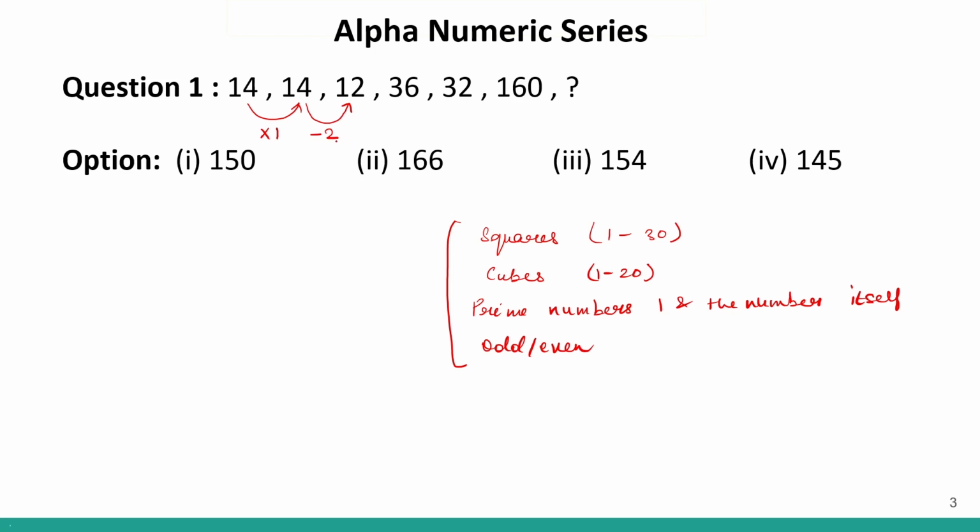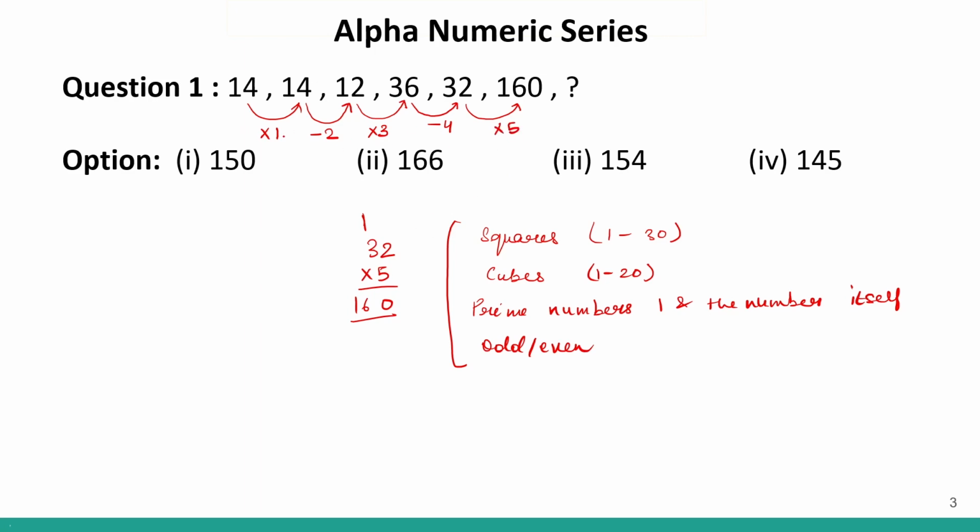Then 12 to 36: if I multiply 12 by 3, I'll get 36, correct? And from 36 to 34, this is a reduction of 2... Similarly, from 32 to 160, if I multiply 32 by 5, I'll get 160. So this is multiplication by 5.